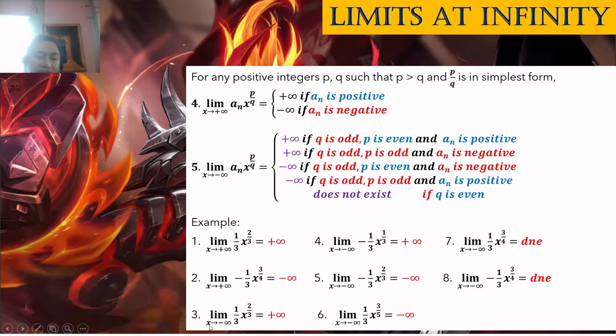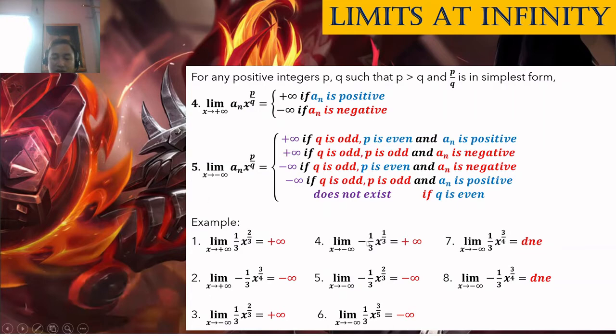Okay, for number 3, x approaches negative infinity. Look at case 1, because we can see p is even here, a n is positive, and q is odd. So the answer is positive infinity. These values are positive if we substitute negative values of x.